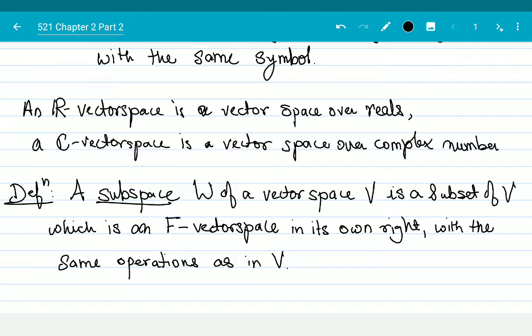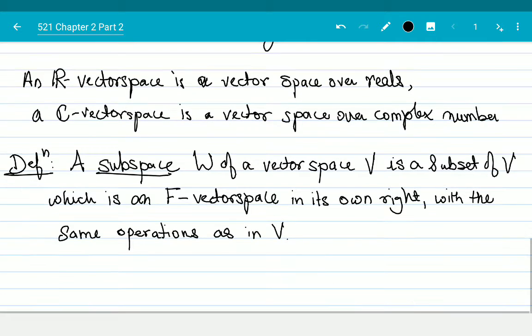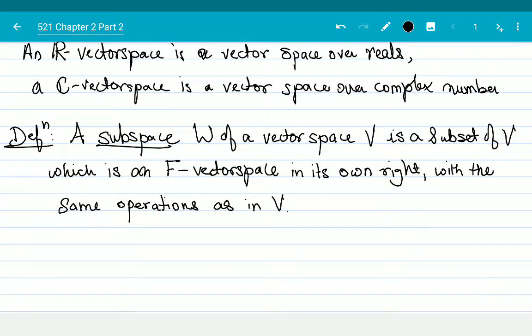What that means is you're looking at it as a subspace, and you should be able to use the operations of V on this subspace, and they should make sense. Things should be closed under addition, scalar multiplication, and everything.